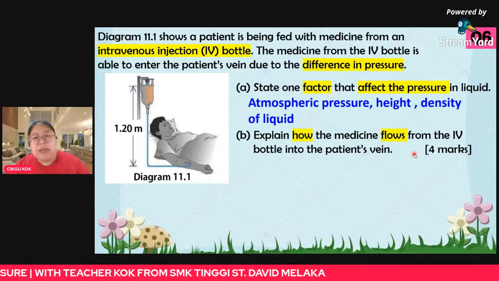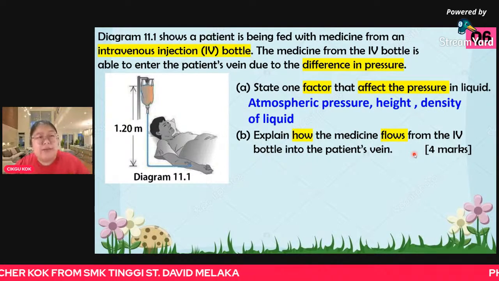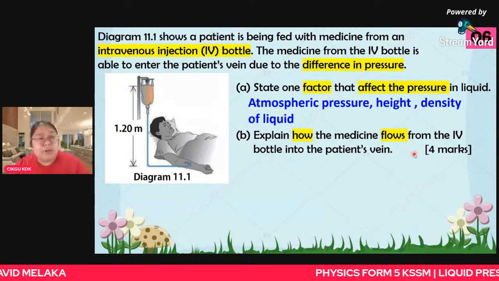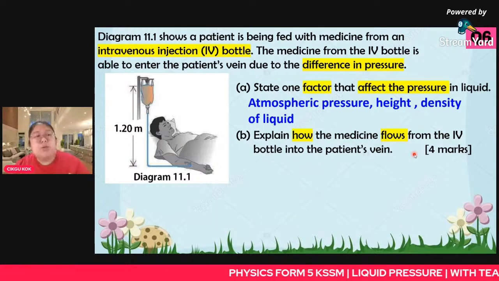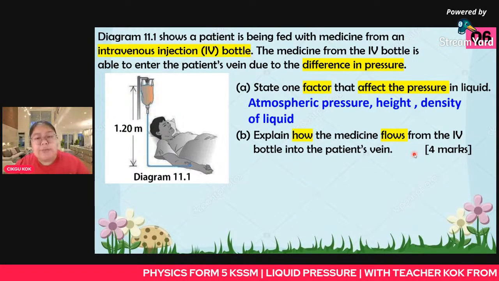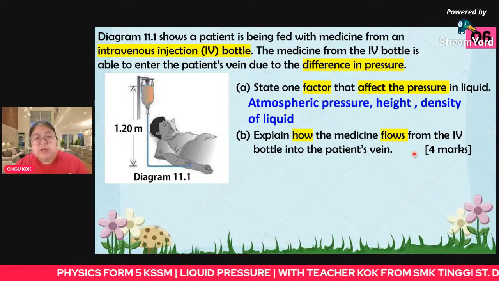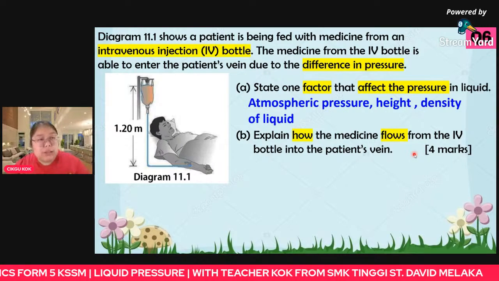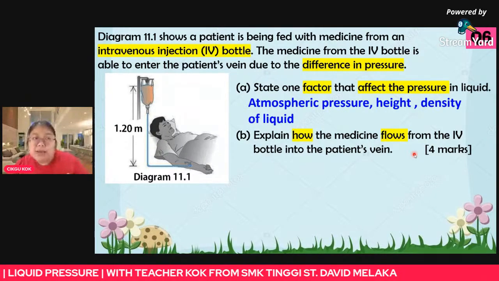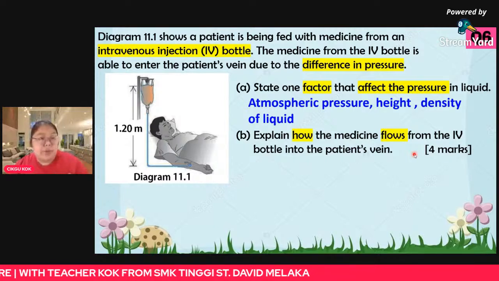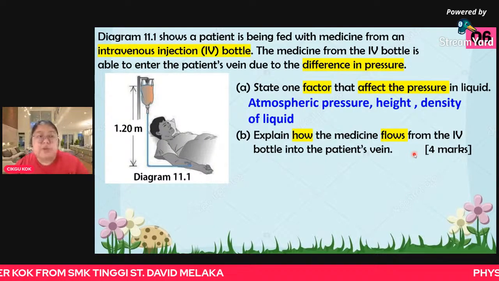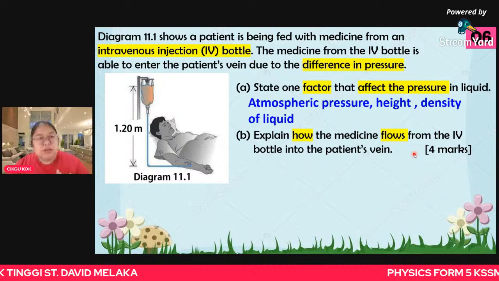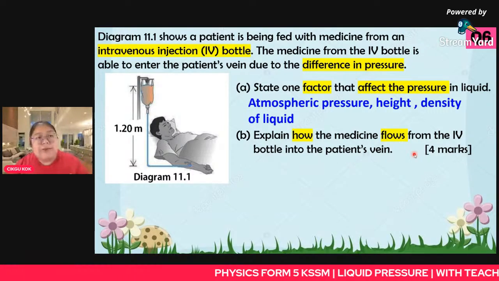Because you want to create a difference in height. A different height means you produce a bigger pressure to a lower pressure. So because of the different pressure, the liquid from the bottle will flow from high to low pressure, and after that it will go into the patient's veins. So almost all the 4 marks talk about the pressure, the height, then finally the different pressure, then it starts to flow.